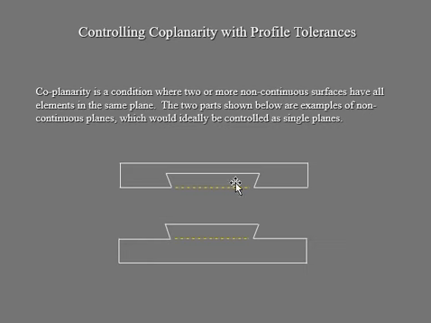So the 2 parts shown right here, in this example, are a non-continuous plane, meaning they can be controlled with a single plane, okay. So you can see it right here very clearly.